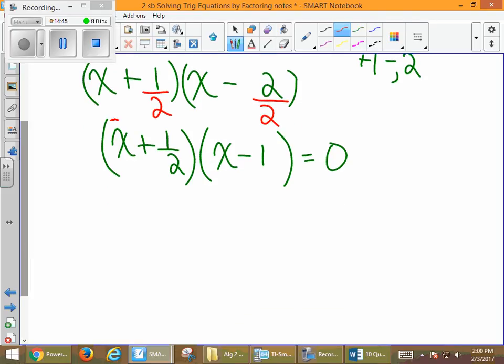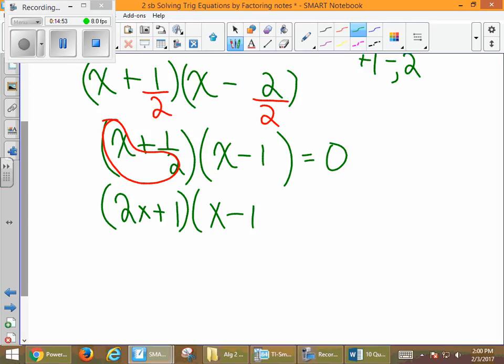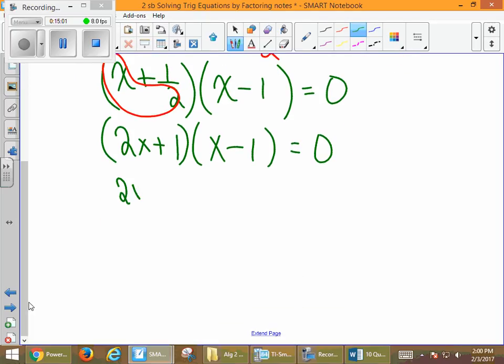And that is, we would take this value up here. So then it would become 2x plus 1. And it would become x minus 1. And then the zero product property. You set each factor equal to 0. So it's 2x plus 1 equals 0, x minus 1 equals 0.